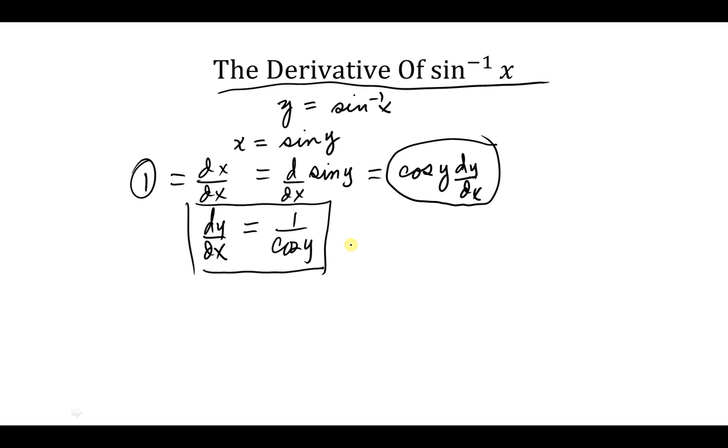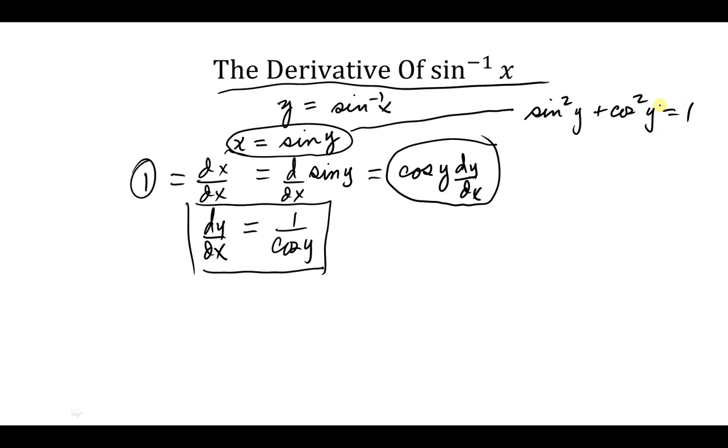In order to get that relationship, we go back and look at the fact that x equals sine of y, and we also remember from our pre-cal identities that sine squared of y plus cosine squared of y equals 1.